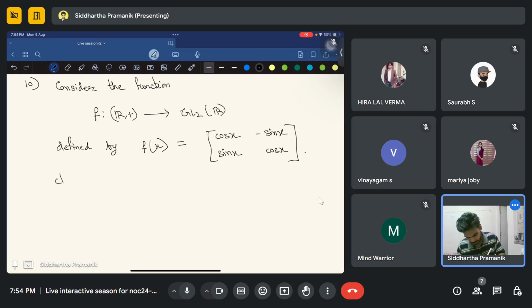So check whether f is a group homomorphism or not.